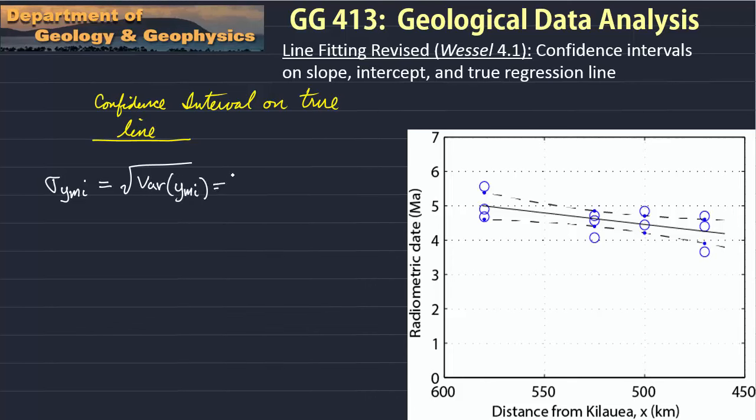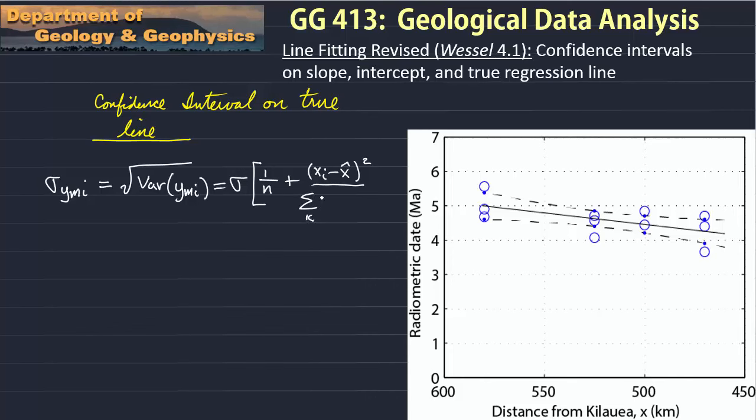And that too is going to depend on sigma, the deviation of all our data about the true line. And the function here is 1 over n plus the squared deviation of x from its mean, divided by the sum.